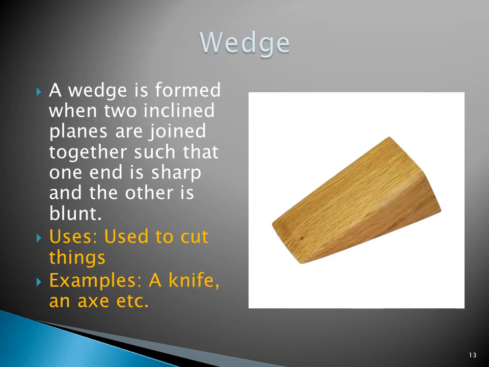Technically, it is an inclined plane or two inclined planes put together to form a triangle that moves. A wedge may be attached to a handle to make it easier to use. Good examples of wedges are nails, knives, axes and your teeth.